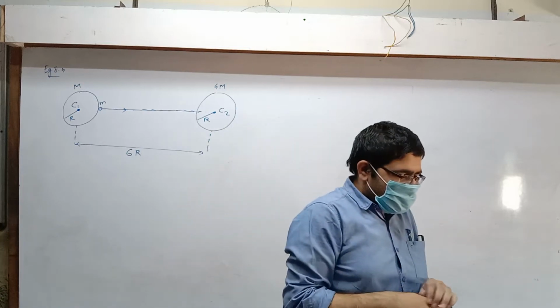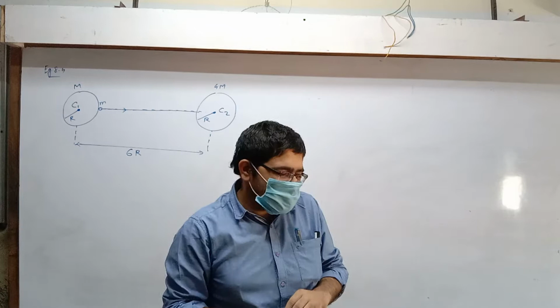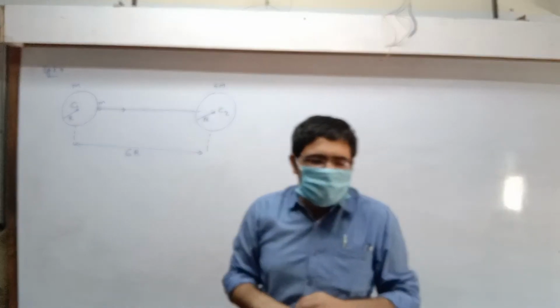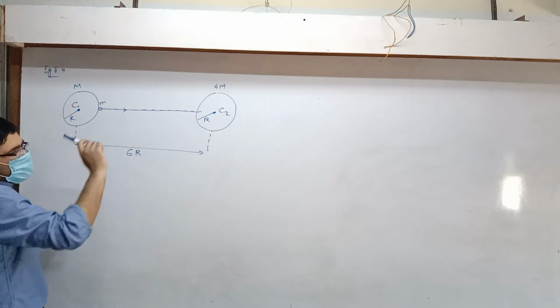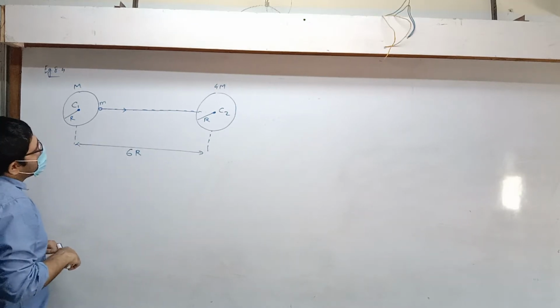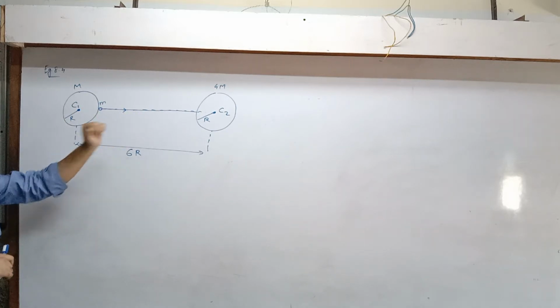Obtain the formula for the minimum speed so that it reaches the surface of the second sphere. Okay. And it should reach up there. Right?